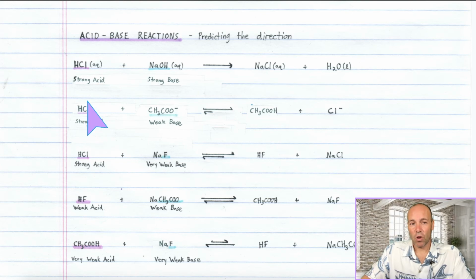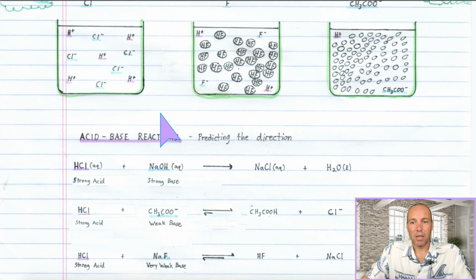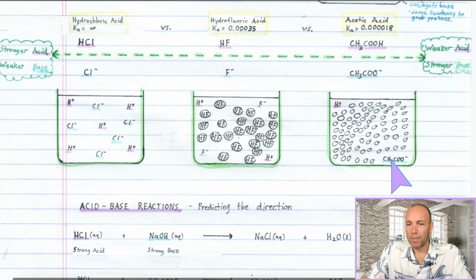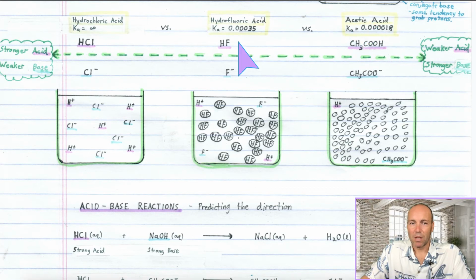Now let's take a strong acid with a weak base. This is the conjugate base of the acetic acid. You remember, acetic acid is a weak acid, and so after some of its molecules release protons, that conjugate base has an attraction to protons. After all, only 1 out of every 100 or so molecules dissociate. So it does attract protons.